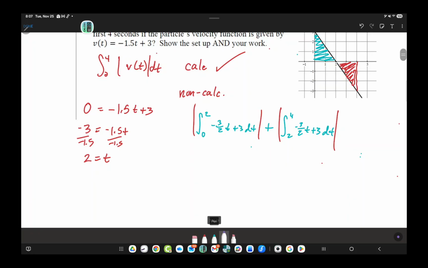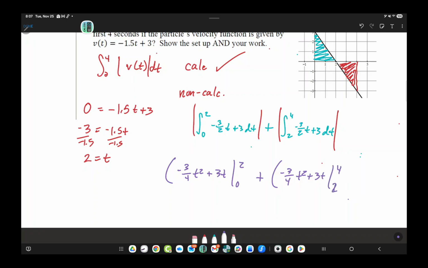So take the integral. The nice thing is this is just going to be the same integral. If I raise the power by 1 and divide, it's negative 3 fourths t squared plus 3t from 0 to 2, plus the same thing, negative 3 fourths t squared plus 3t from 2 to 4.